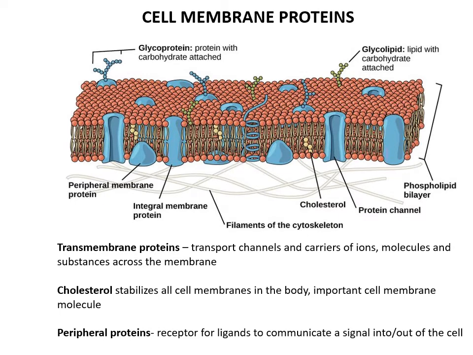Okay, so let's look at some cell membrane proteins. So you can see that amazing phospholipid bilayer. It almost looks like just an ocean of phosphate heads, and within it are interspersed proteins that cross the entire membrane, which are called transmembrane proteins, and they're typically transport channels or carriers of ions and molecules to go into the cell or out of the cell.